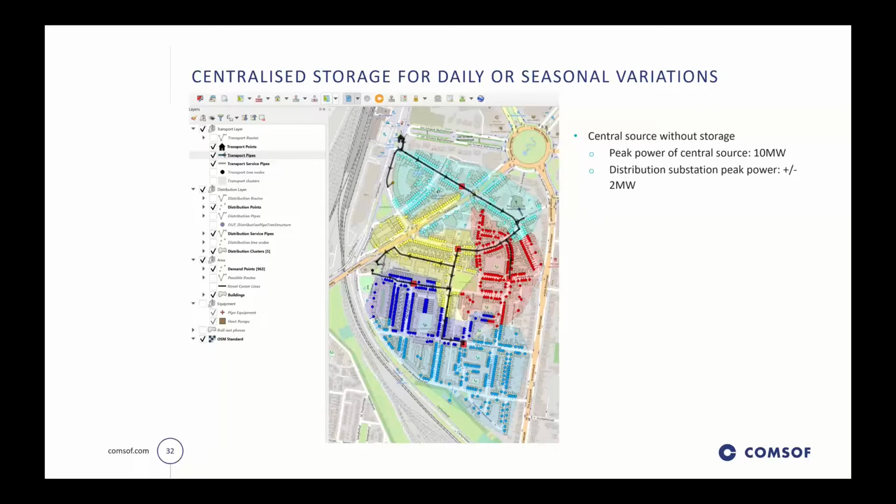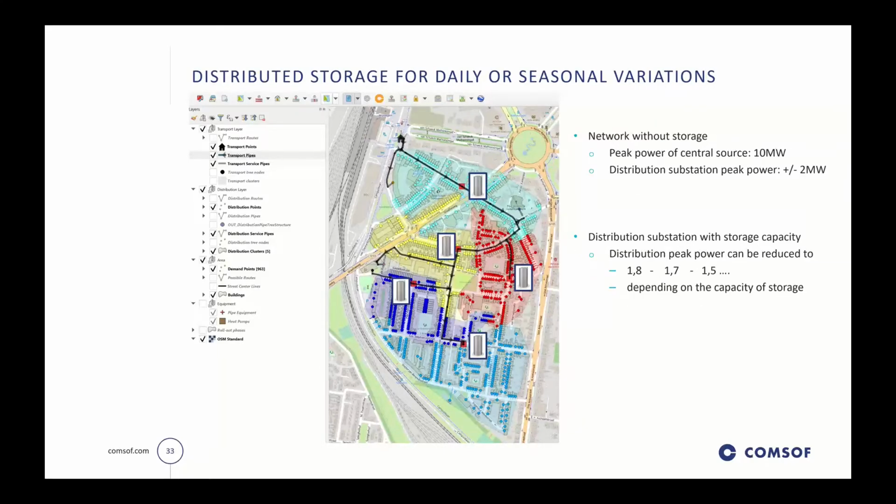Now assume we want to add centralized storage for the daily or seasonal variations. Centralized storage means that we put a storage tank next to the source. By doing that, we will be able to reduce the peak power to 9, 8, or fewer megawatts, depending on the capacity of the storage.